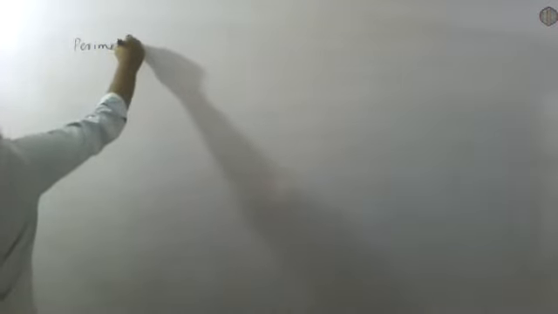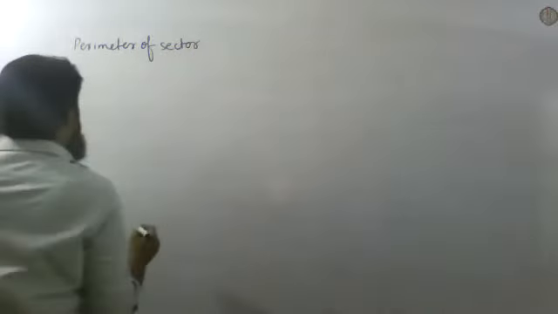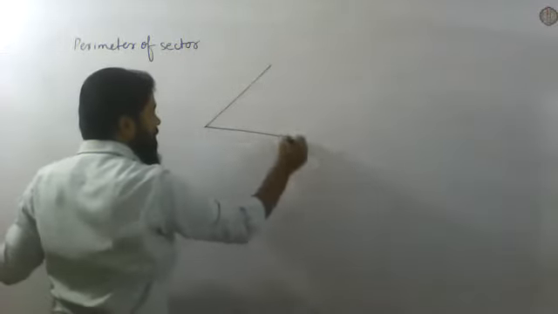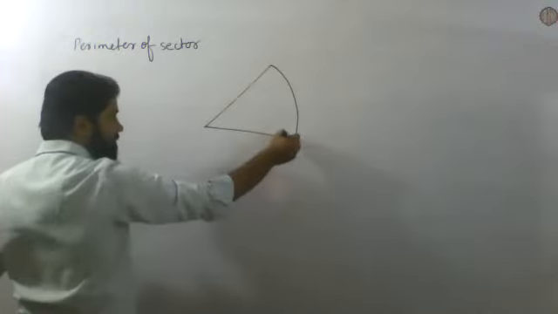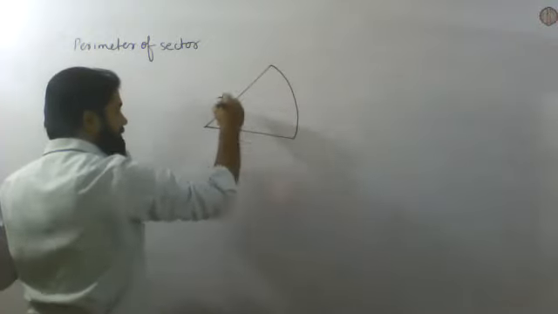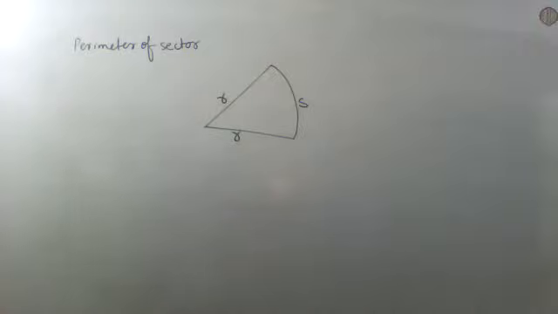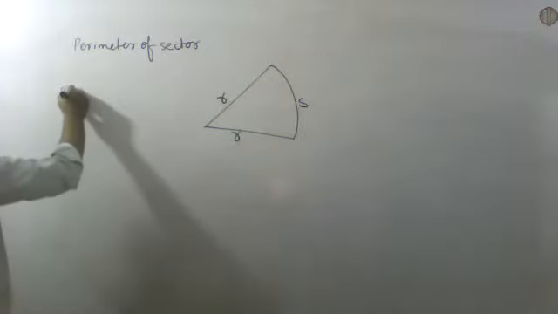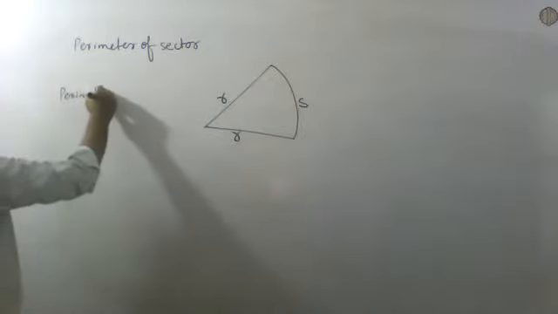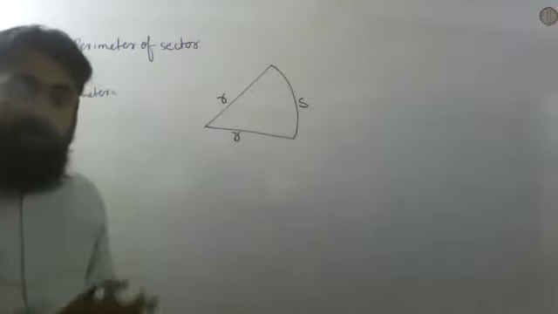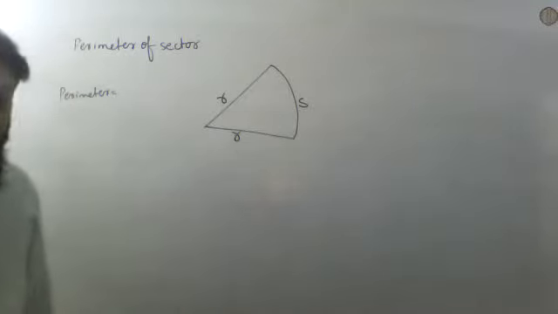Now it comes to the perimeter of a sector. So what is your sector? This is your sector. This is the radius and this is the arc length. When we say the word perimeter, what do we mean by perimeter? Perimeter is basically the sum of all sides covering any shape.